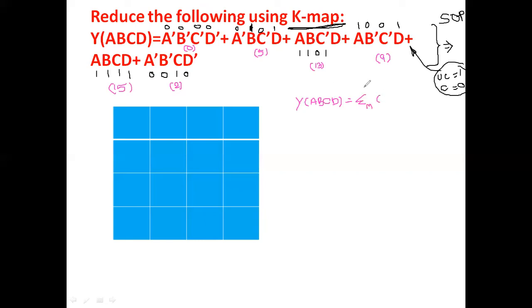What is the problem given to us now? 0 comma 2, and then 5, next to 5, I think 9, and then 13, and then 15.